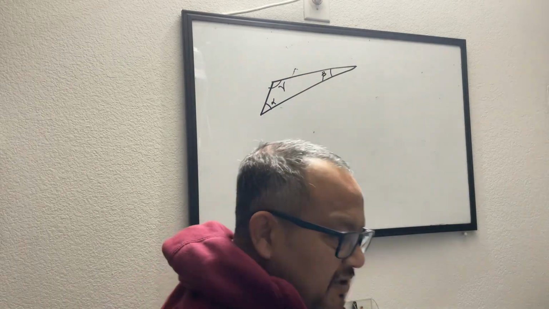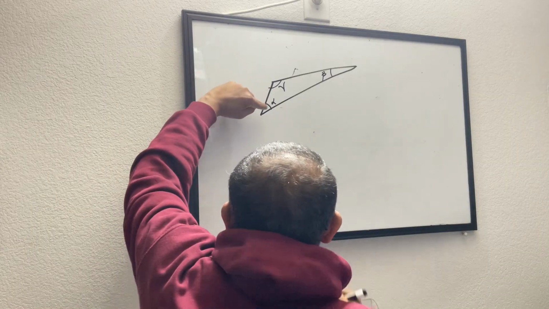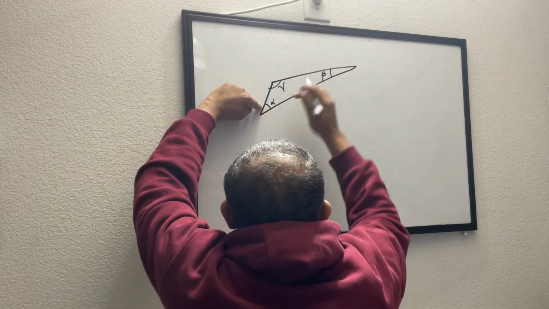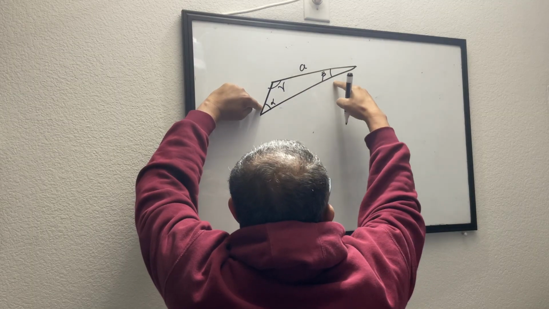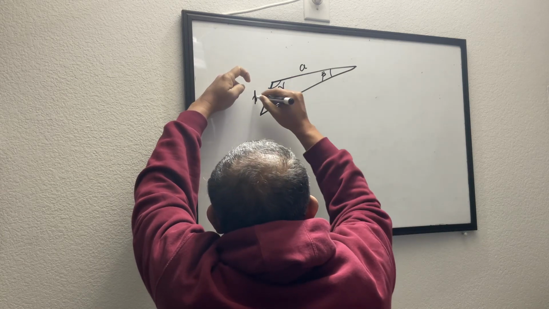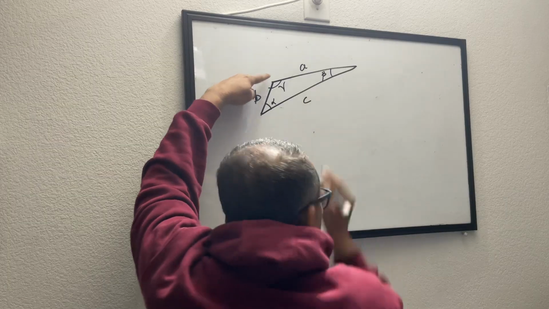I'm just giving three names which will add up to 180 degrees. Then the side opposite to the angle alpha, let's say that is A. The side opposite to beta is B, and the side opposite to gamma is C.